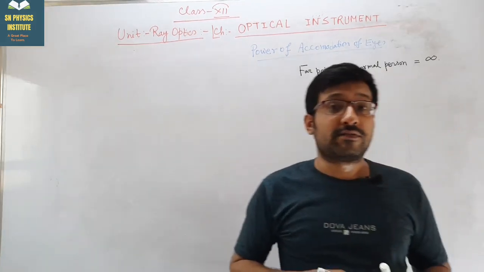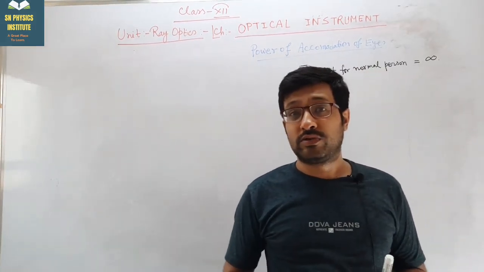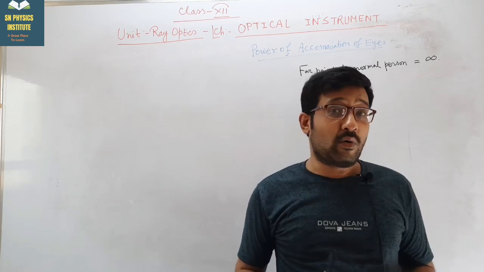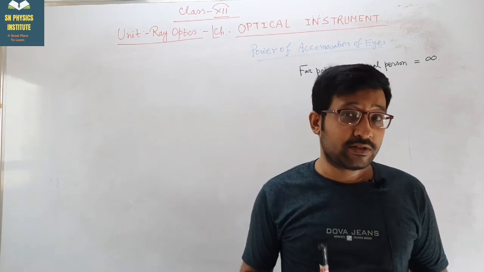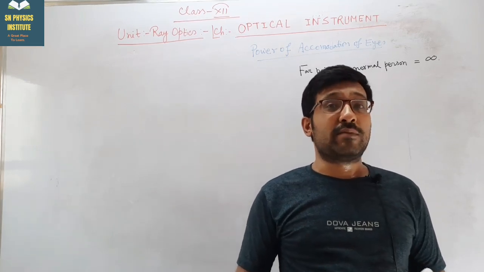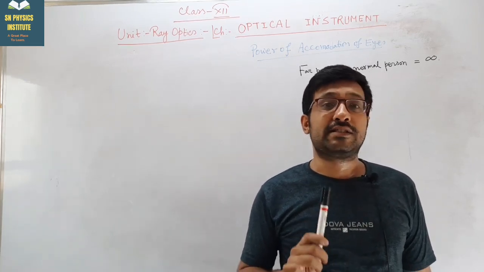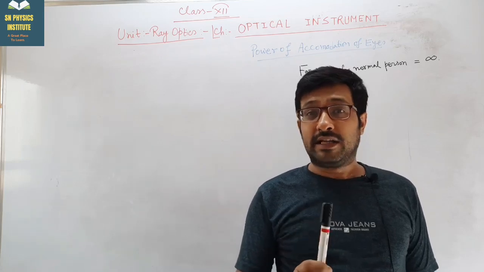But if the object is very close to our eye, what happens? What is the near point? Near point means the minimum distance at which we can see clearly with the naked eye.